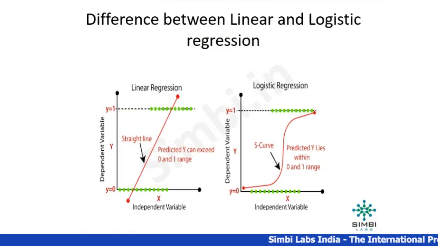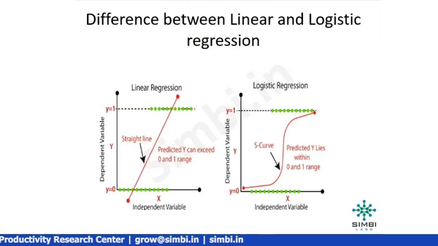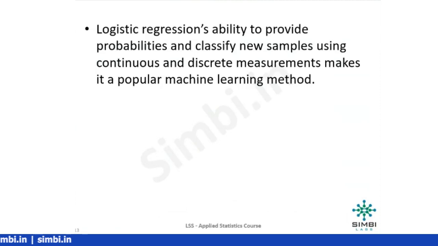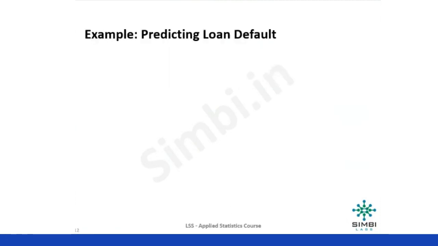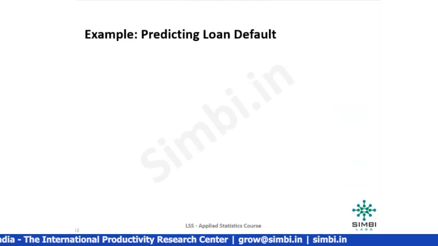For example, we can see some examples like predicting loan default. Consider that you are working for a bank and you want to predict whether a loan applicant will default on their loan payment or not.